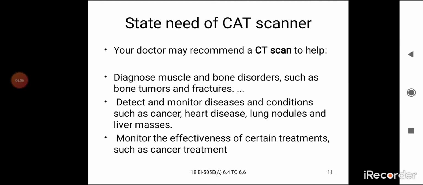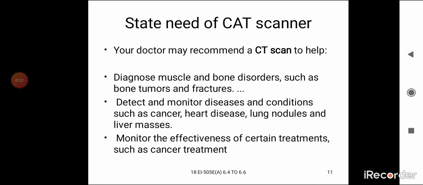State the need of CAT scanner. Your doctor may recommend a CT scan to help diagnose muscle and bone disorders such as bone tumors and fractures.